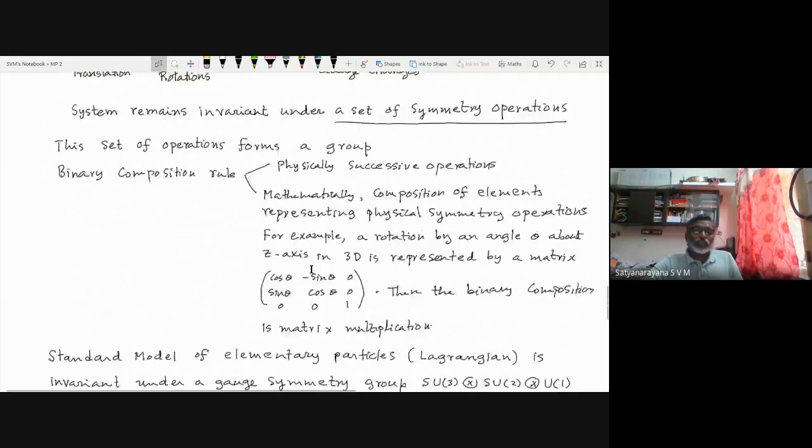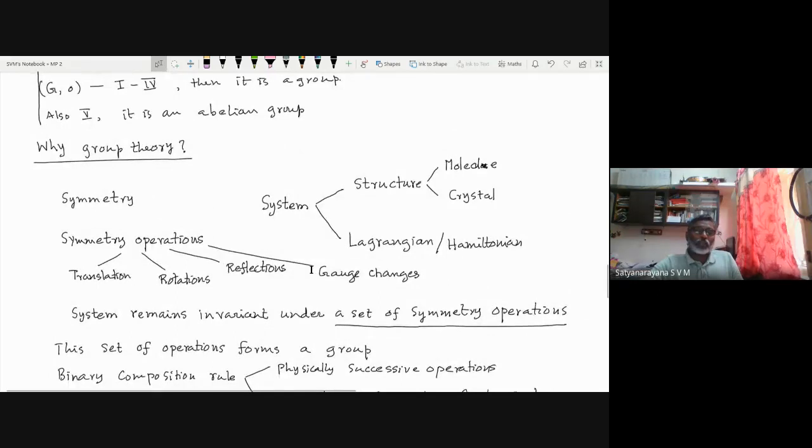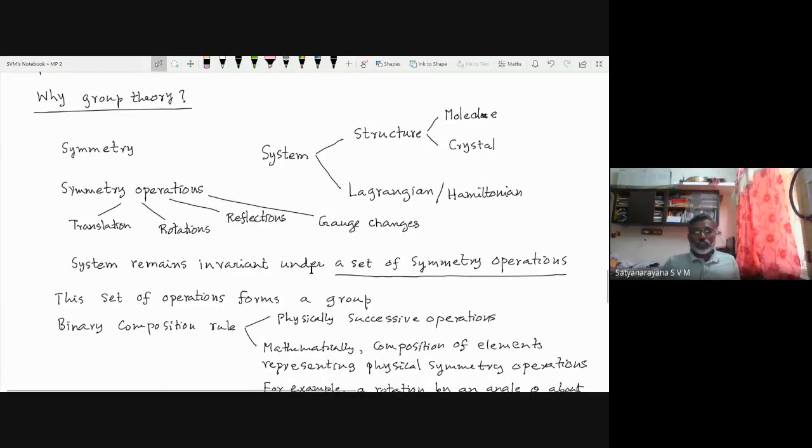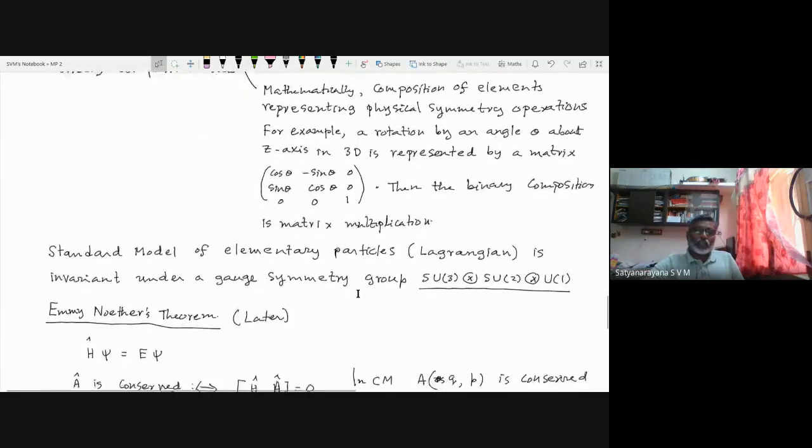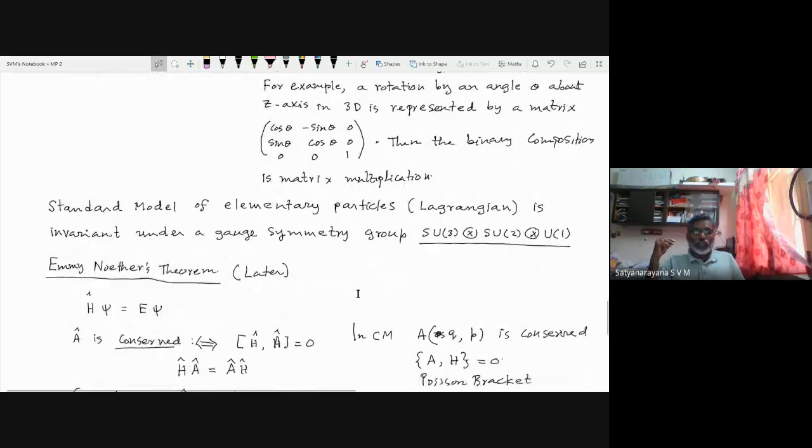So this is, in some sense, the bigger picture where the group theory and physically relevant symmetries of the system and its conservation and degeneracy are important.